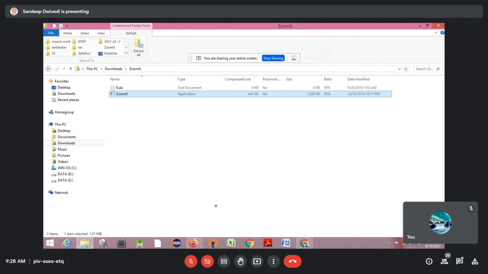For the butterfly diagram, as I told you, first of all you need to write the even sequences. This is an 8-point DFT, so the even sequences are x of 0, x of 2, x of 4, and x of 6. Before x of 2, you need to write x of 4, then x of 2.